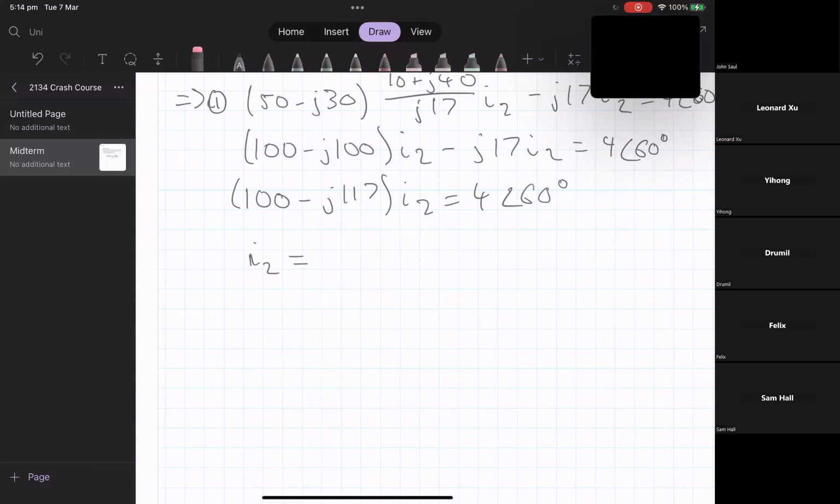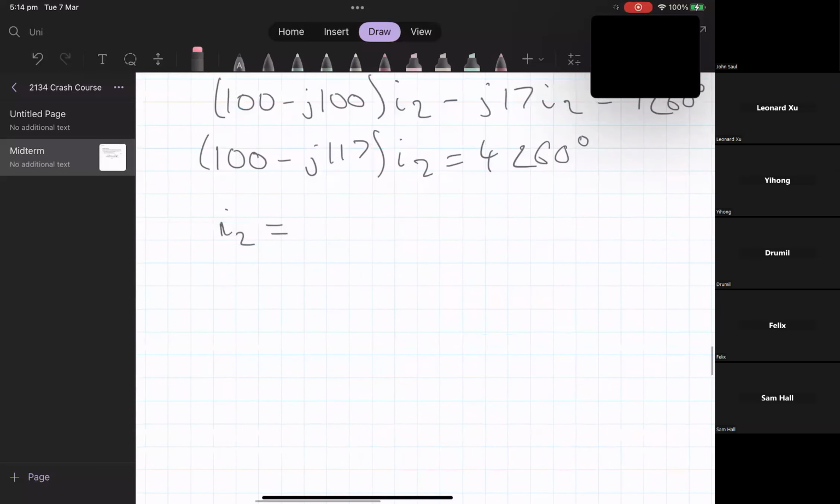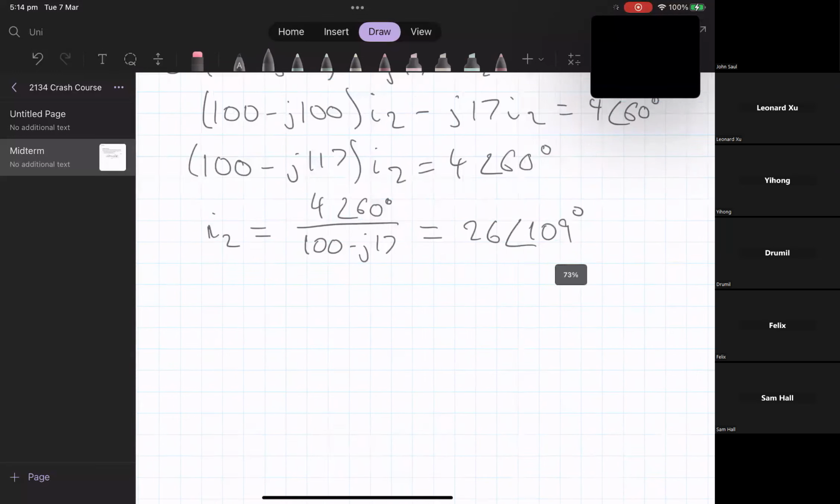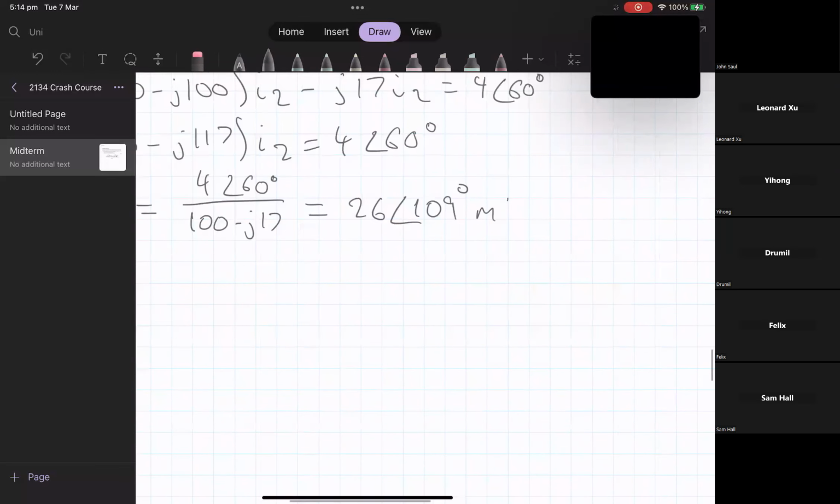again here we've got two different forms, so we could use our formula or a complex calculator, whichever you're most comfortable using. That is then 100 minus j17, and this is in milliamps.